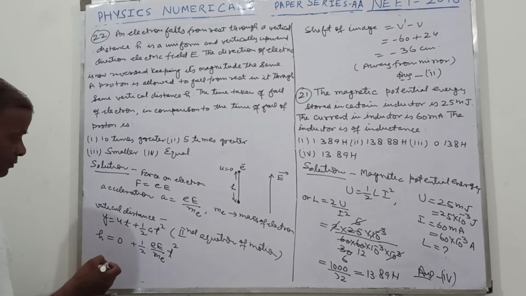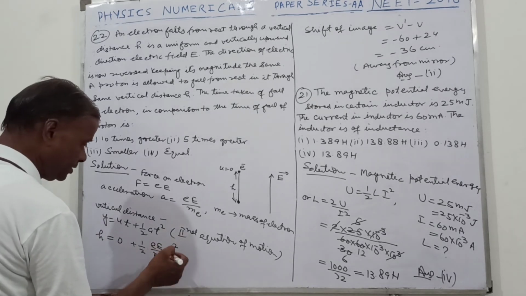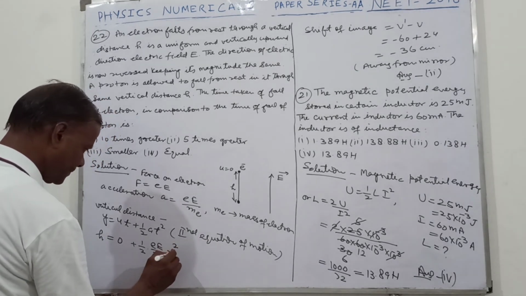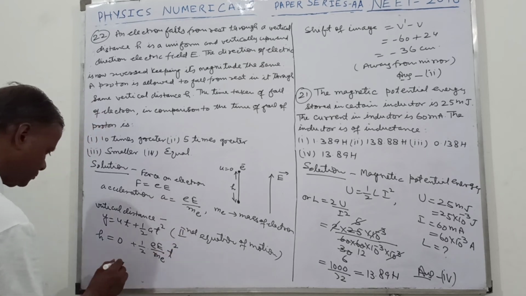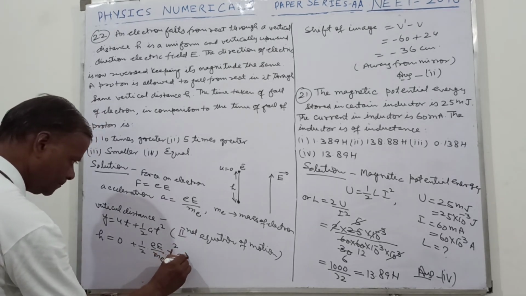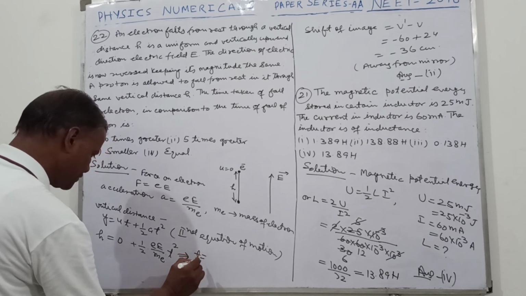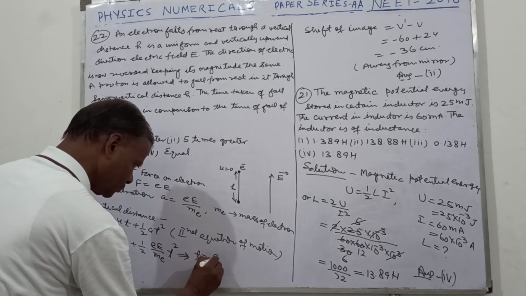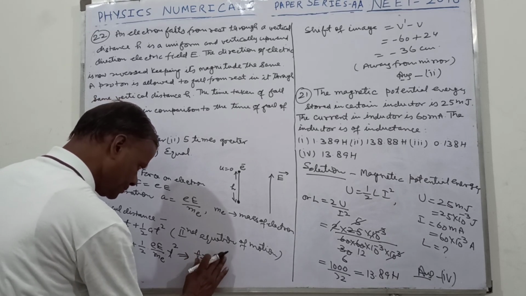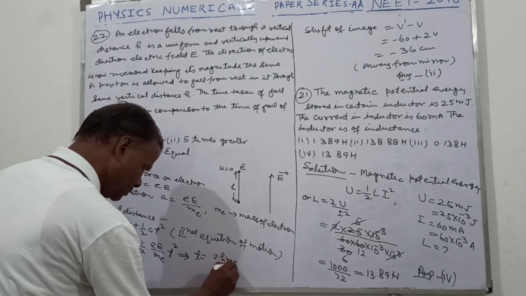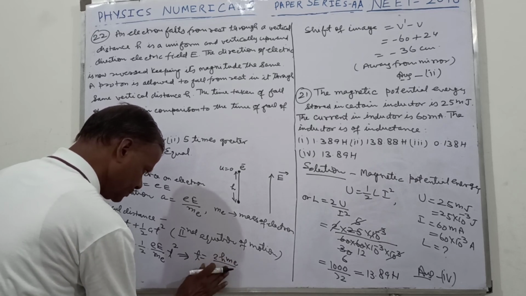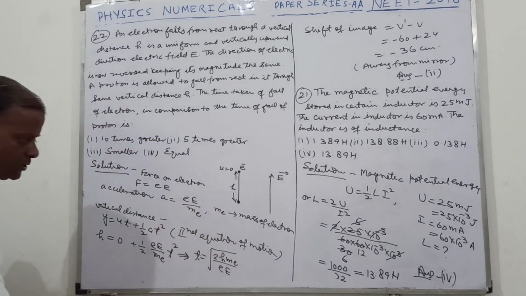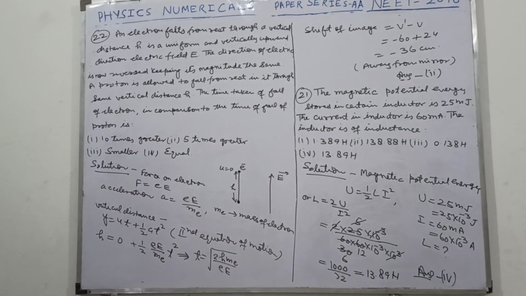We are taking it for the electron, so we will take this t equal to te. And we will get t equal to the square root of 2h me upon eE. This is for the electron.